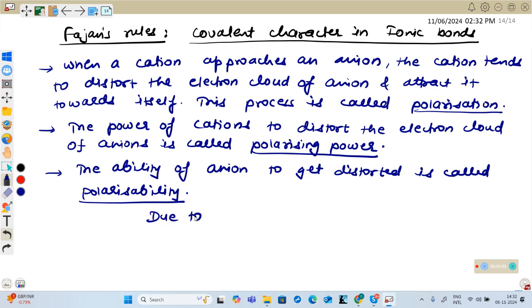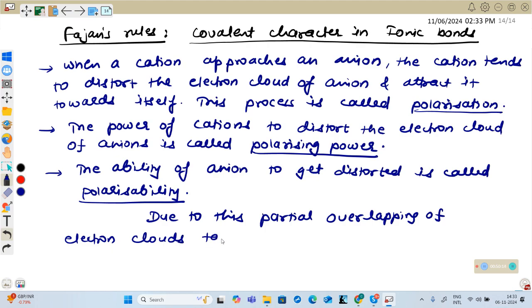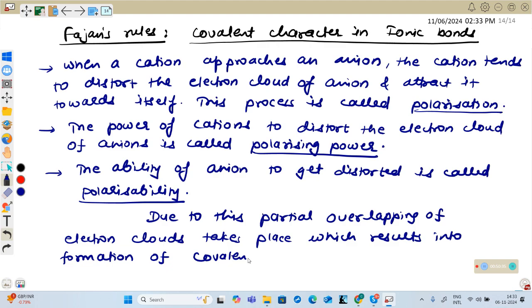Due to this partial overlapping of electron cloud, which results in the formation of covalent characteristic.